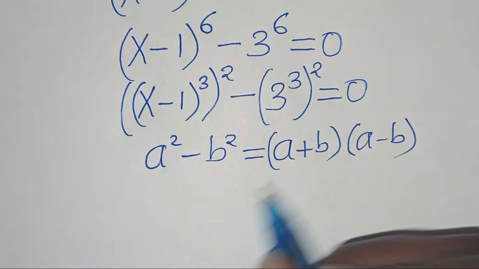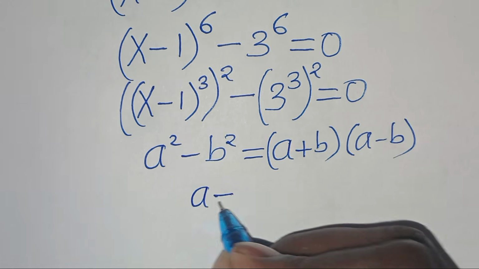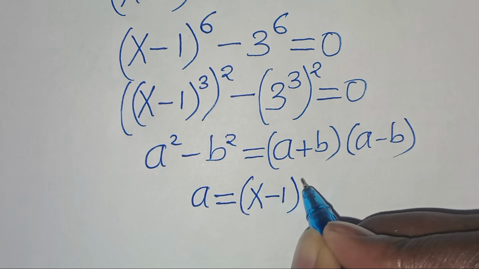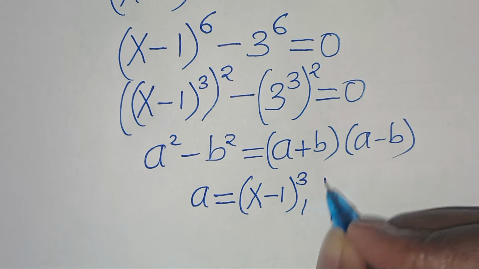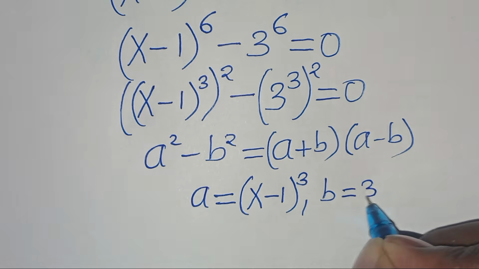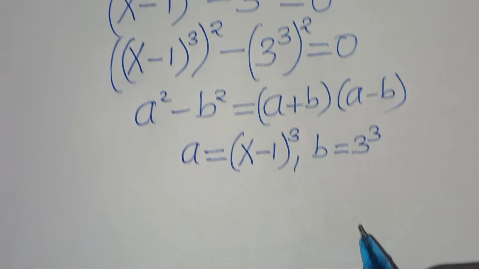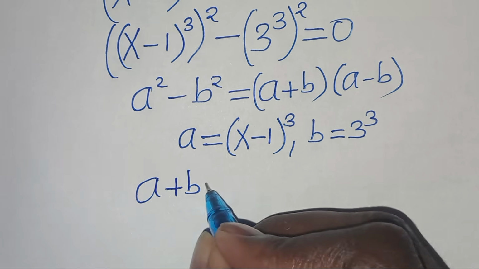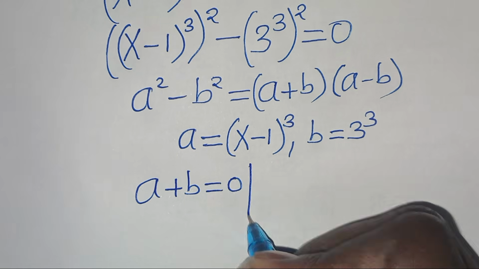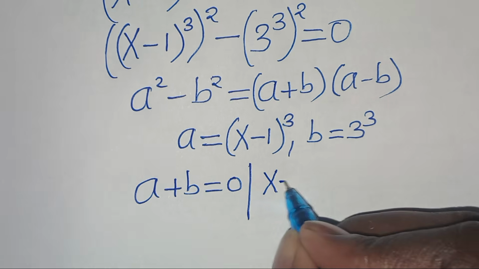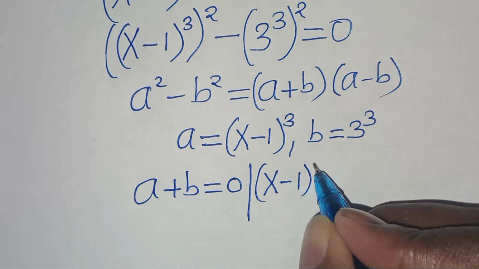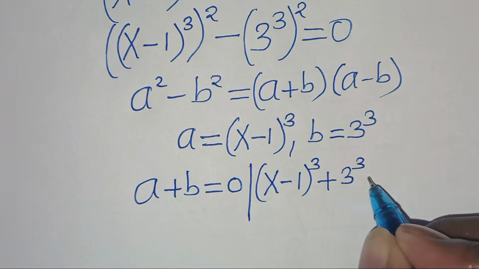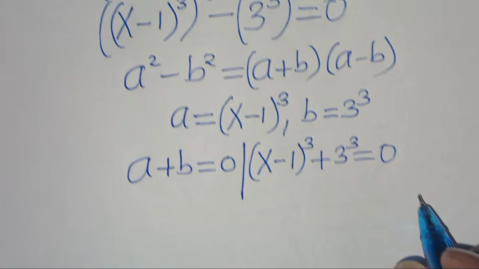From this equation, we have that a is equal to (x − 1)^3, and b is equal to 3^3. So we have that a + b is equal to 0. This is the same thing as (x − 1)^3 + 3^3 = 0.